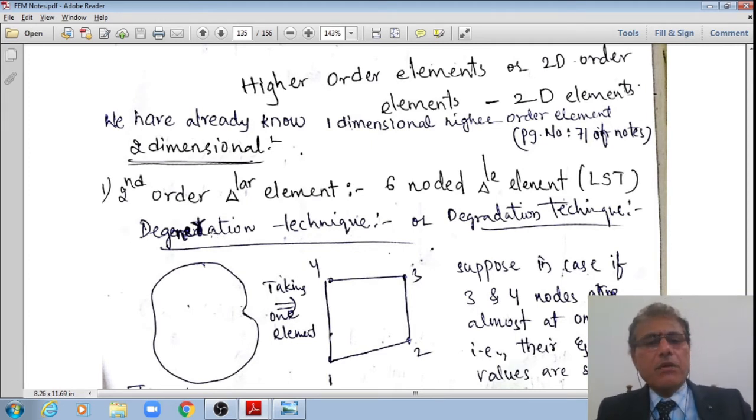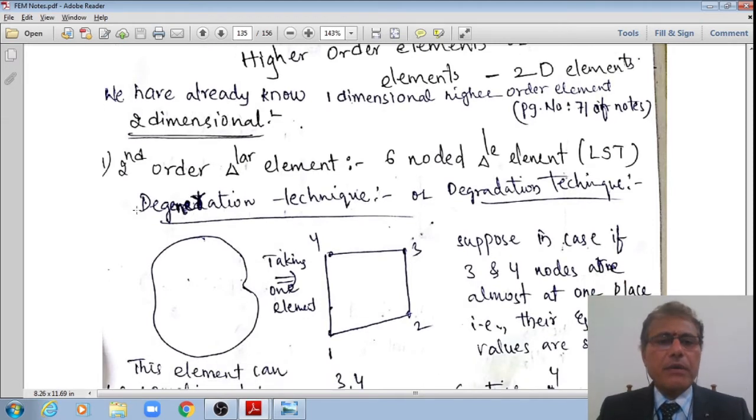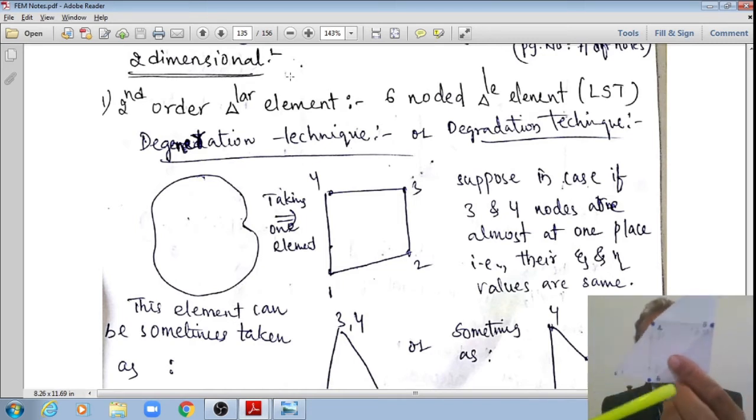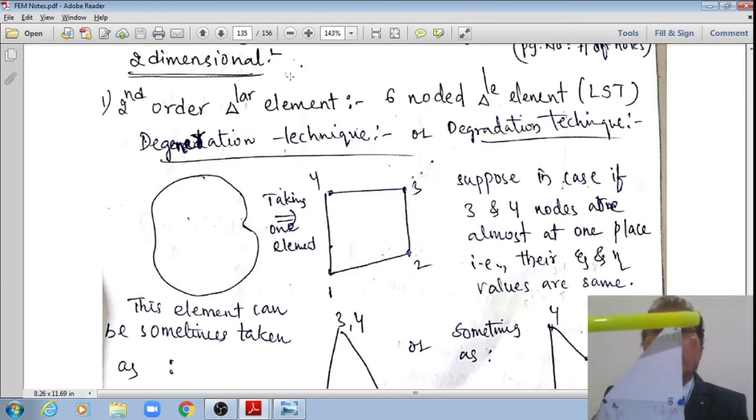Hence, these are not basic elements, these are higher order or second order elements, right? Now let us see. First, we'll go to the triangular elements. We already discussed the 2D 3 noded triangular element, right? Therefore, if I have the mid side nodes, this is how node 1, node 2, node 3, right?